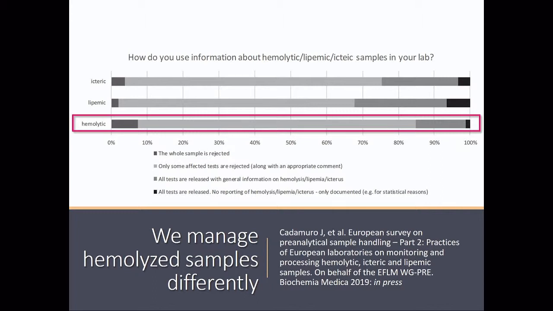And then there is a minor proportion of laboratories, but still there are laboratories in Europe, that would release all test results without even reporting that the sample is hemolyzed. So there is quite a lot of heterogeneity in the way we in Europe manage samples which are hemolyzed.